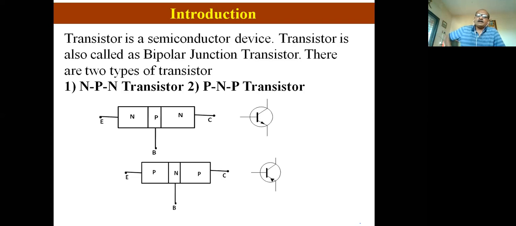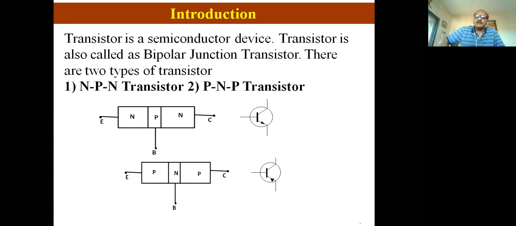Therefore, when a pentavalent impurity is added, 1 electron becomes excess. According to how many atoms of impurity are added to the pure semiconductor, the concentration of electrons increases.